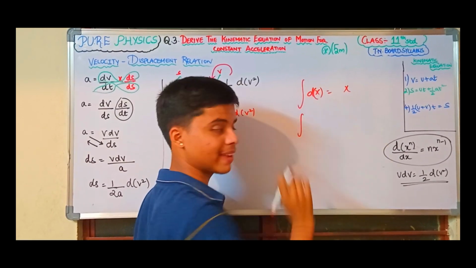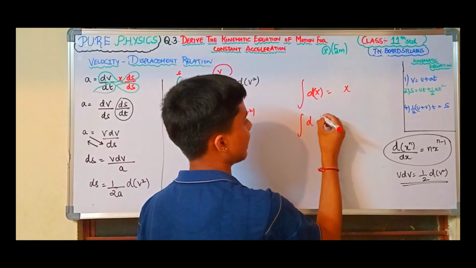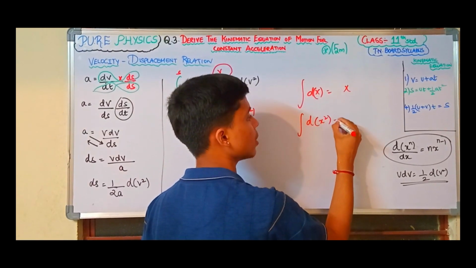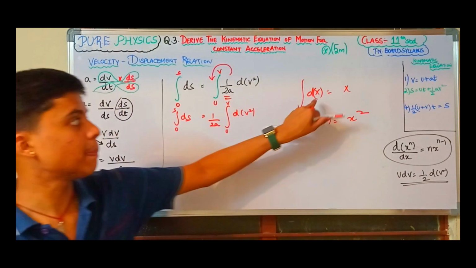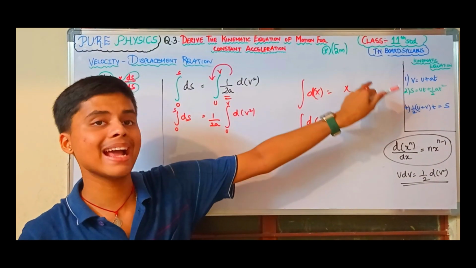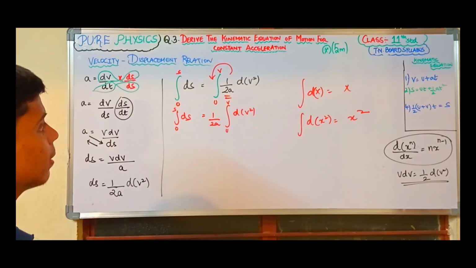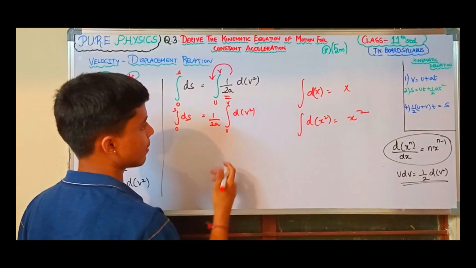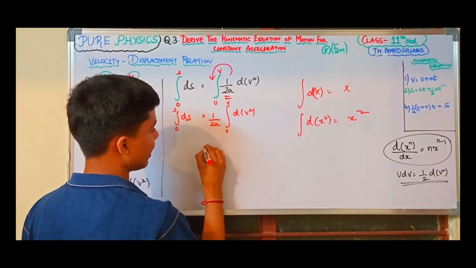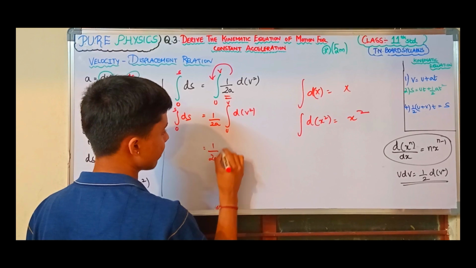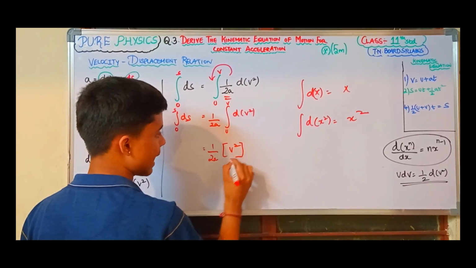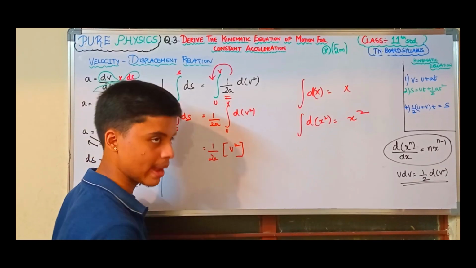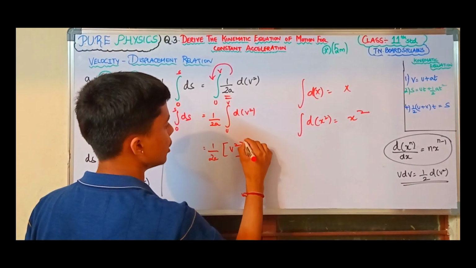Now in the place of x, if we substitute integration of d of x square, what do we get? x square, because any value in the place of x will give you the same answer as it gives for x. So now I have integration of dv square. What will I get if I integrate that? 1 by 2a. Integration of dv square is v square. Since I have limits, I'm enclosing it in a square bracket and I'll apply the limits u to v.